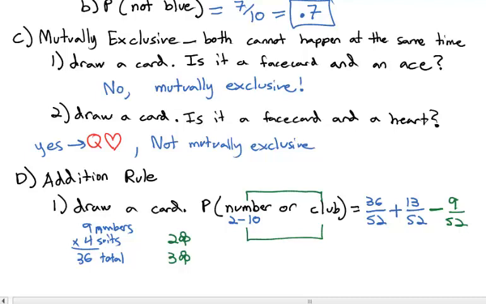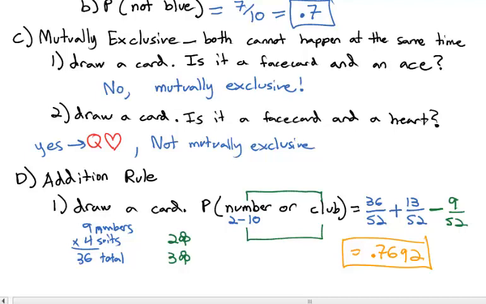So we can just do this arithmetic, probably on the calculator. 36 out of 52 plus 13 out of 52 minus 9 out of 52. And when we round that decimal to 4 places, you get 0.7692. The probability of getting a number or a club is 0.7692.